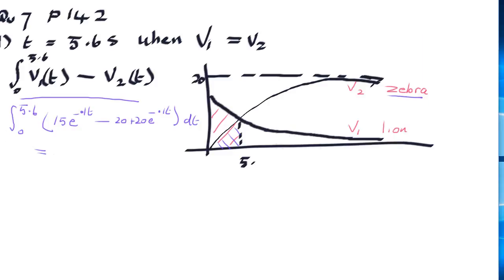And they started off at 40 metres apart, so the gap between the lion and the zebra is 40 take the 38.